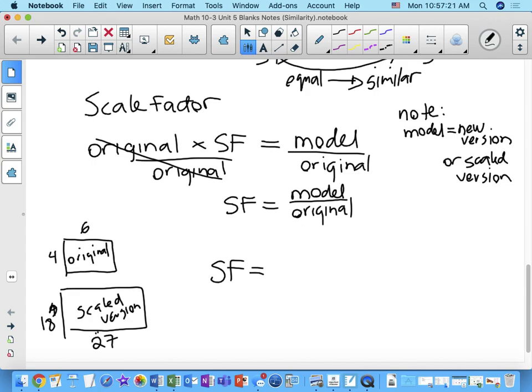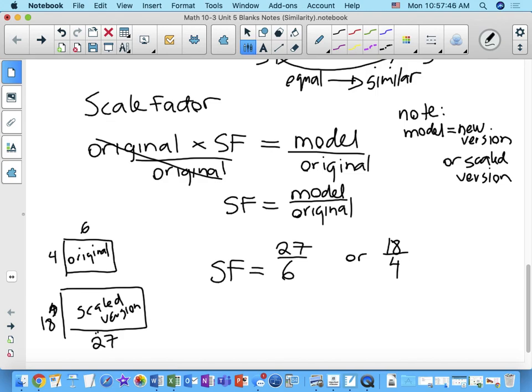The new length is 27 and the old length is 6. Or 18 over 4, because the new length is 18 and the old length is 4. It could be 27 over 6 or 18 over 4, and these have to be the same, otherwise they're not similar.